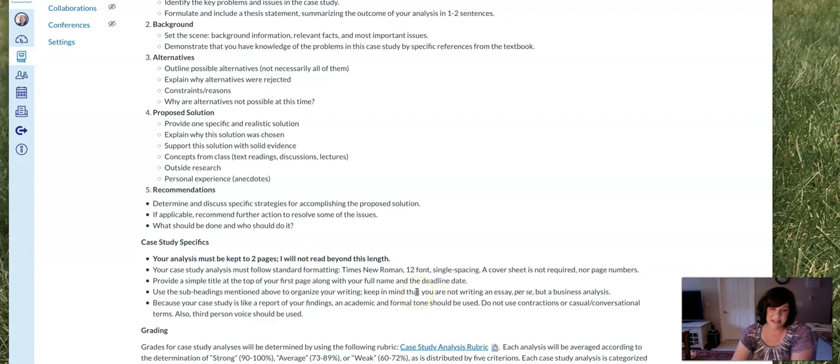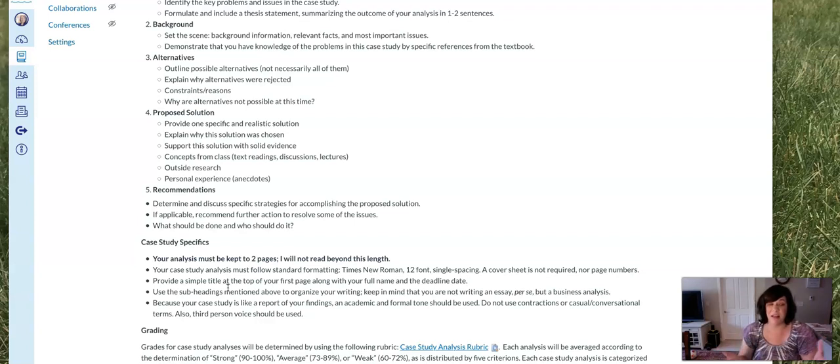I also include that you are writing a report, not an essay, and so you should use an appropriate academic, formal tone. You should try to avoid using first person, which is I, avoid using second person, you, and try to avoid using contractions or conversational terms, because imagine you are writing a report for a superior who would be looking at this report.